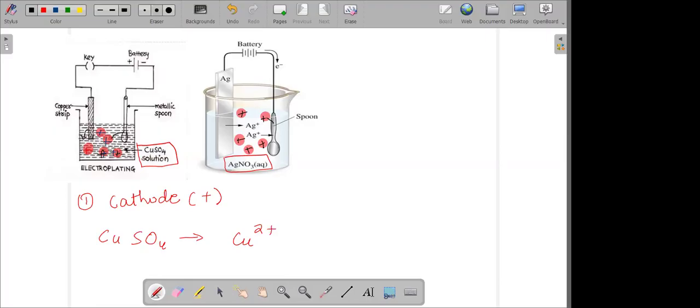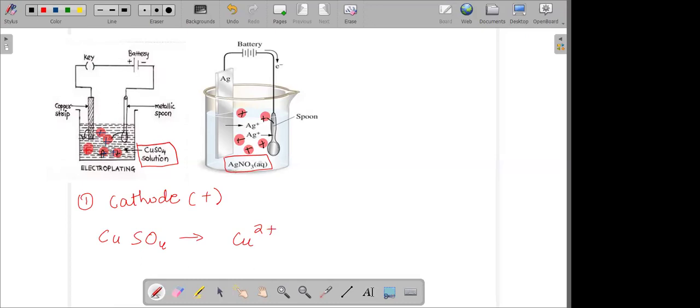See, here two things matter. First of all, which solution we have taken, and the second thing, we look for their electropositivity. Which metal is more electropositive? In the solution you have silver nitrate. Nitrate is electronegative in nature, silver is electropositive in nature.